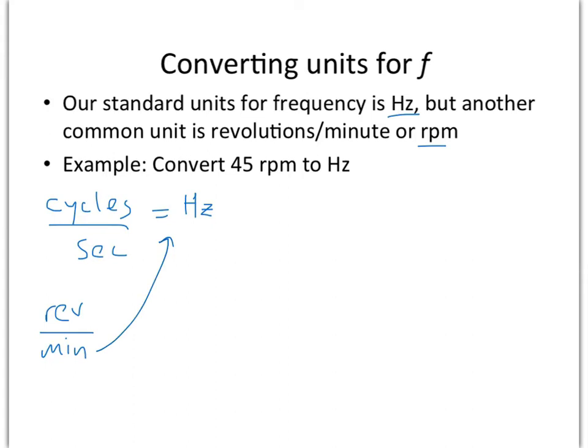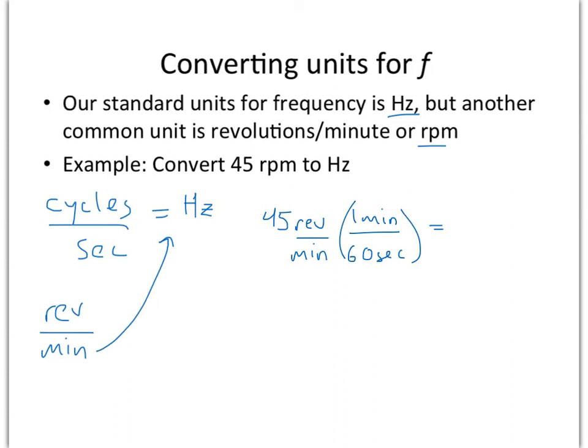All right, 45 revolutions per minute. And we want to find out how many revolutions per second that would be. All right, so 1 minute, we're doing factor labeling right here, 60 seconds.